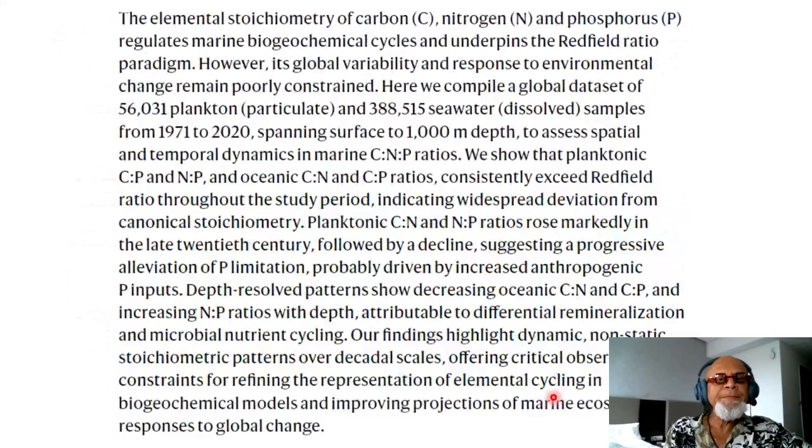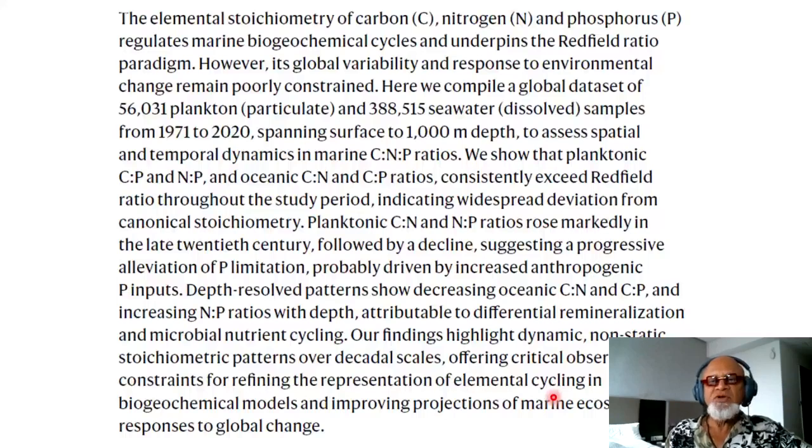Okay. Let's read some text that is useful. I'm being very brief, so I'm just taking bits and pieces. The elemental stoichiometry of carbon, nitrogen, phosphorus regulates marine biogeochemical cycles and underpins the Redfield ratio paradigm. However, its global variability and response to environmental change remain poorly constrained.